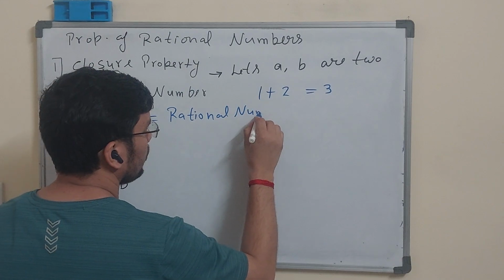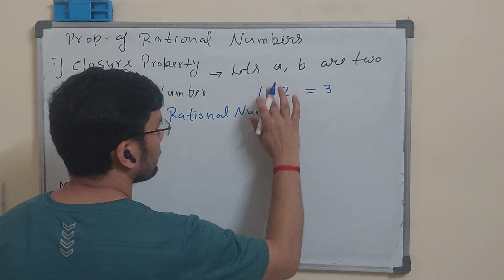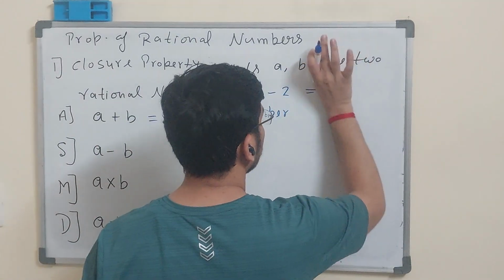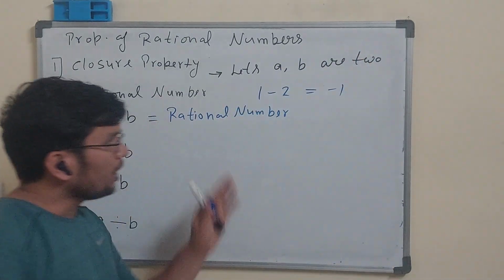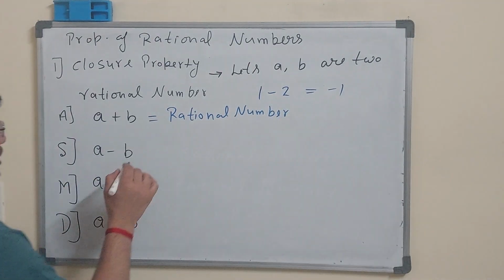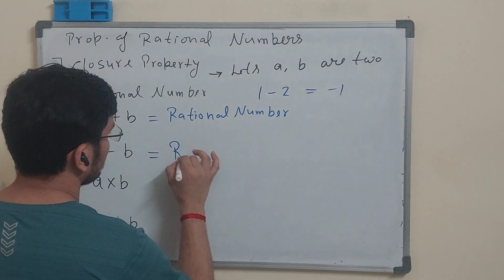But in the case of subtraction, if you subtract 1 minus 2, you will get minus 1, and this is also a rational number. So in the case of subtraction, you will get a rational number.